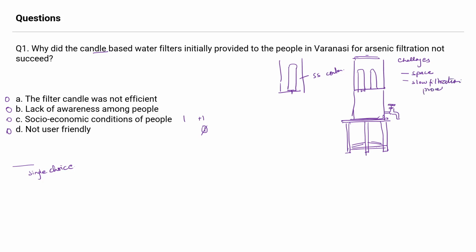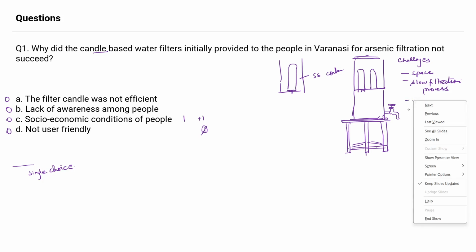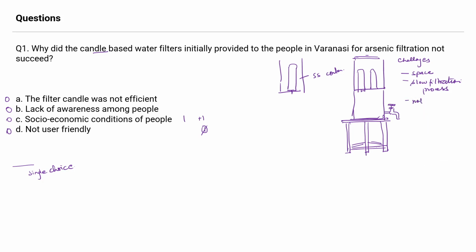Then, in the current RO system there are 7 or 8 stage candles, but here we have just 2 candles, and it is not providing adequate filtration. Basically, the pH level of water is not good with this filter candle. Okay.